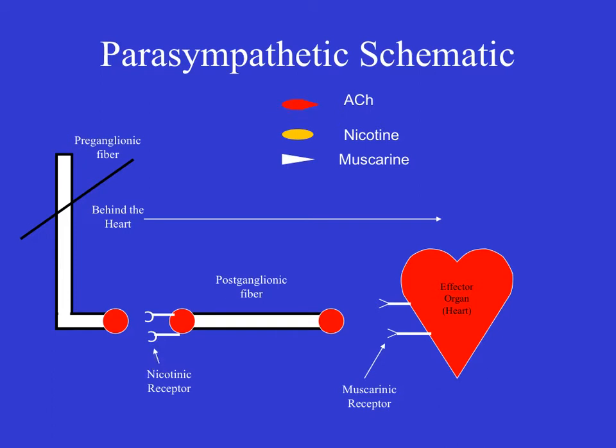So this end plugs right into the C section, and this point would go right into the points of the muscarinic receptors. So acetylcholine can bind to nicotinic receptors and muscarinic receptors. Nicotine can block right in here and do nothing over here, and then muscarine can't do anything over here, but certainly can block in this region.